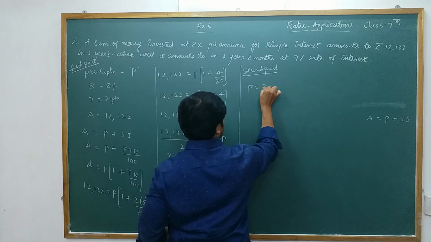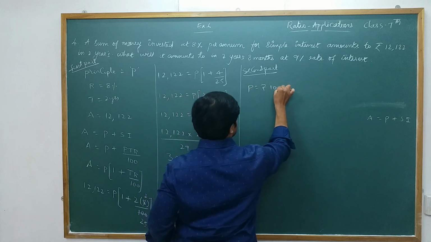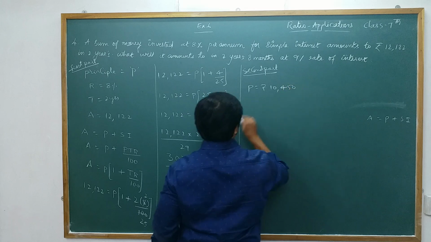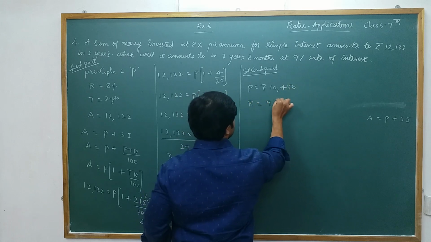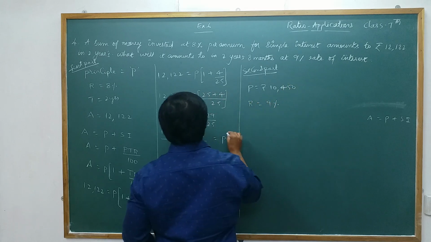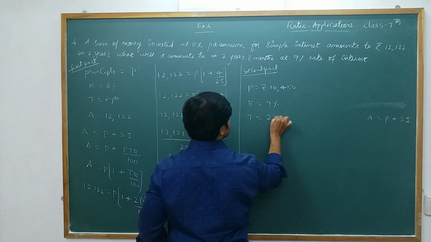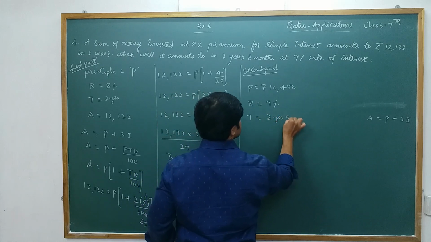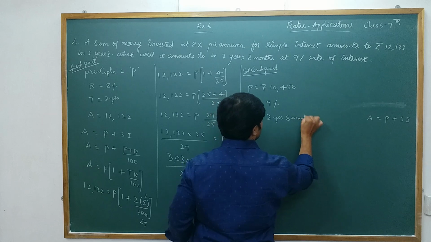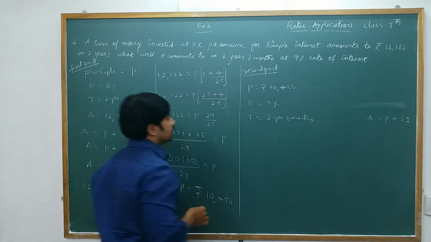What is the principal? It is rupees 10,450. Rate of interest is 9%. And what is the time we have? It is 2 years 8 months.